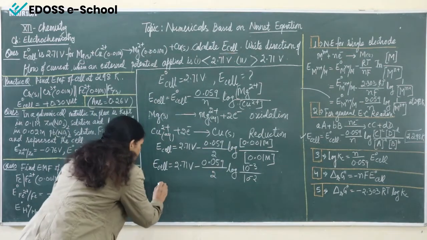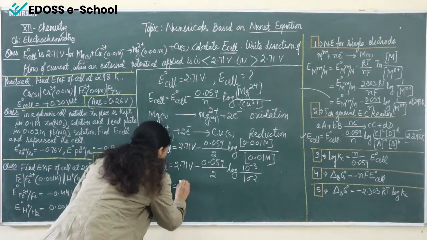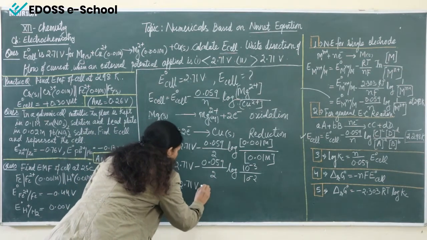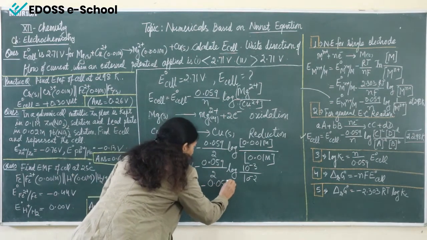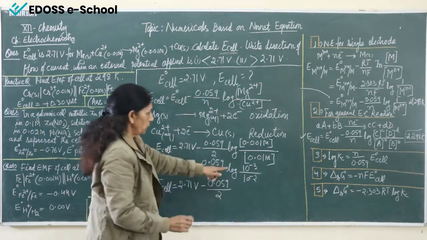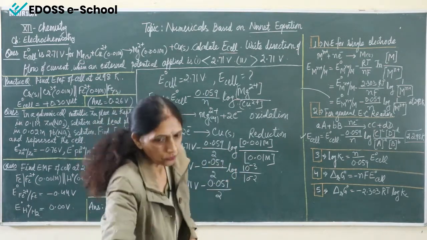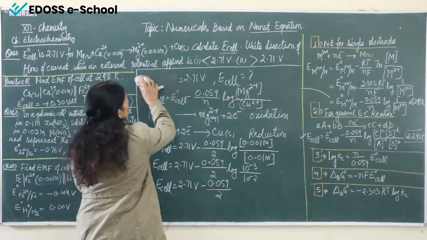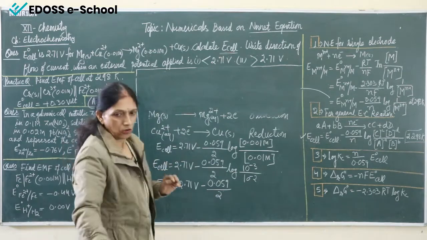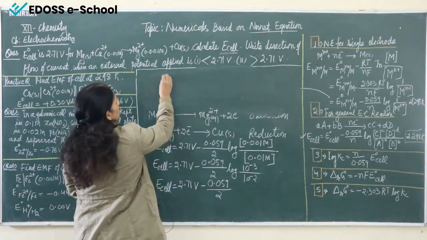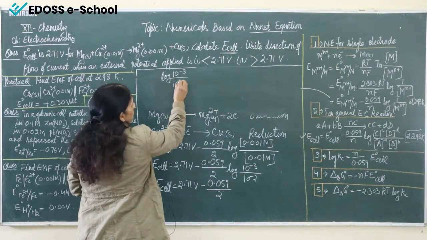Now, next line, E of the cell is equal to 2.71 volt minus, keeping the value the same, 0.059 upon 2 and now here. How do we solve this? Here, log of 10 raised to power minus 3 upon 10 raised to power minus 2.